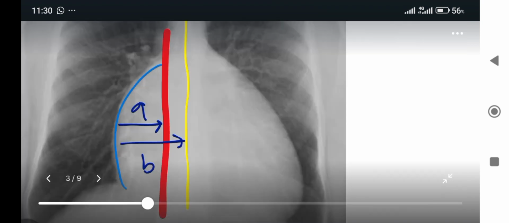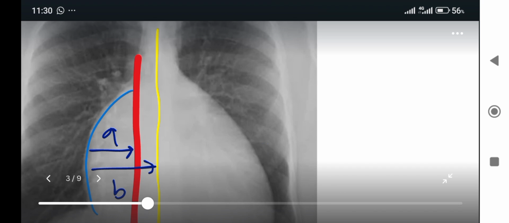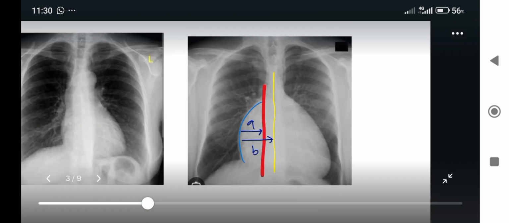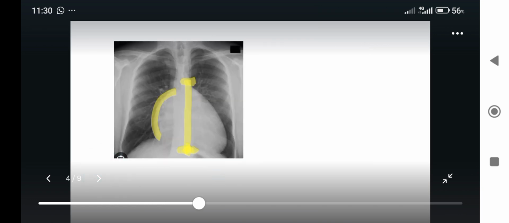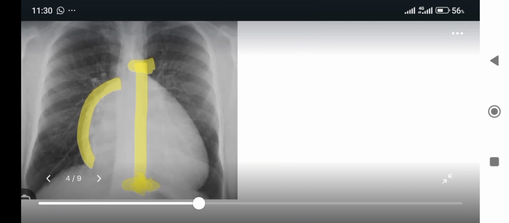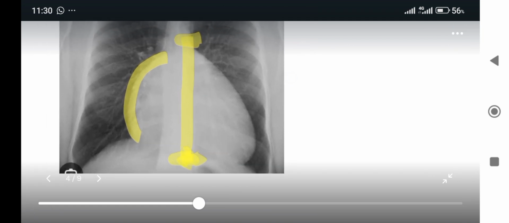Now look at other features, how the image looks like. This is the cardiovascular height, this vertical line. Then you can see the convex right arterial border.